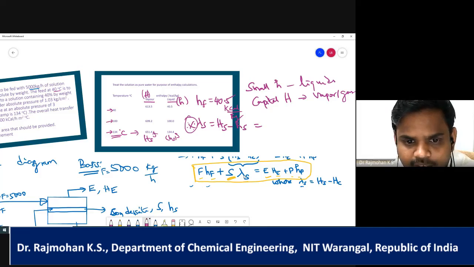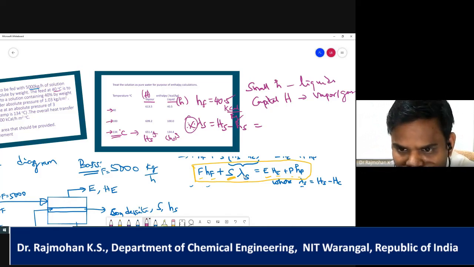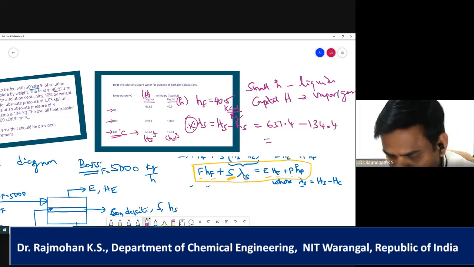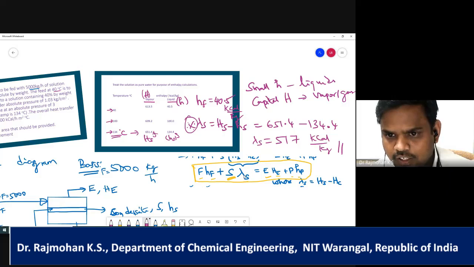It won't be given directly, so how to get it. At this temperature we have enthalpy data here, so we can get lambda S value equal to 651.4 minus 134.4, which is equal to 517. So we have lambda S equal to 517 kilocalories per kg.